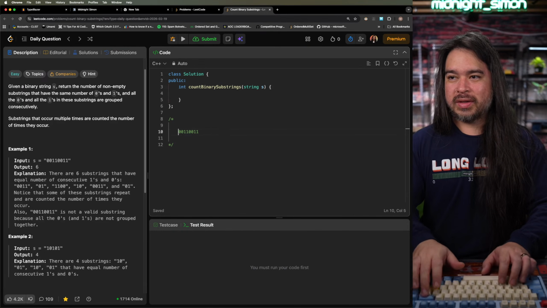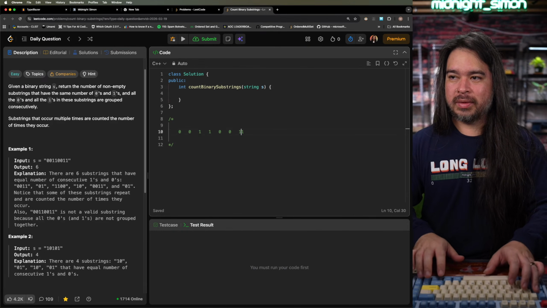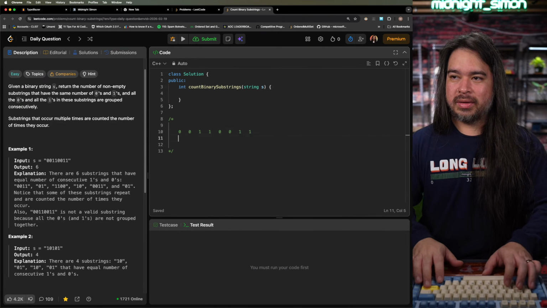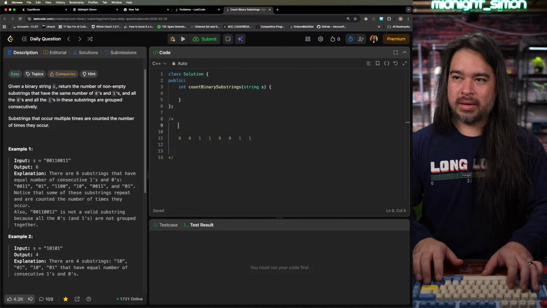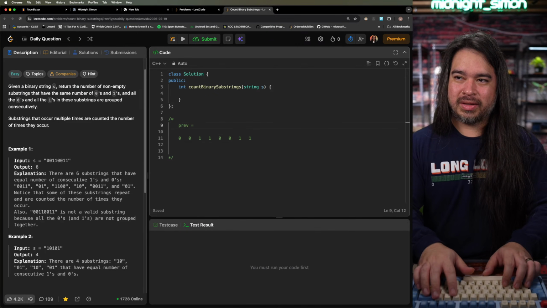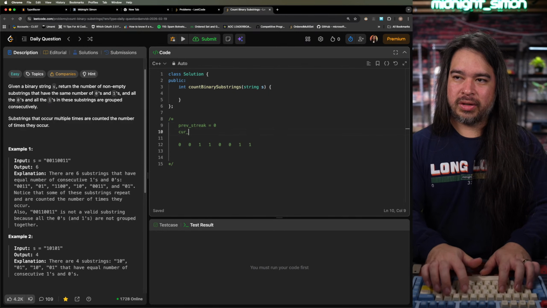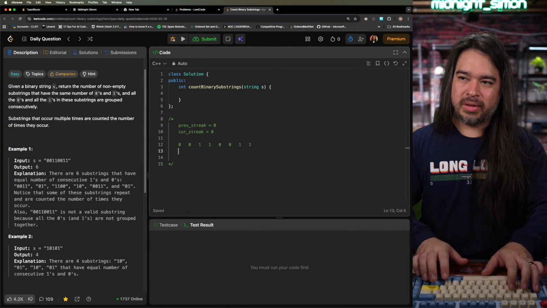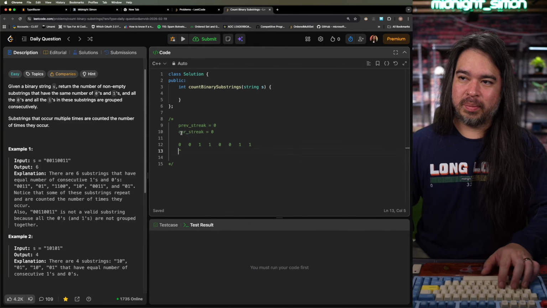So if this is our input, we can start our previous streak as 0, and our current streak would also be 0. Now let's process each number.